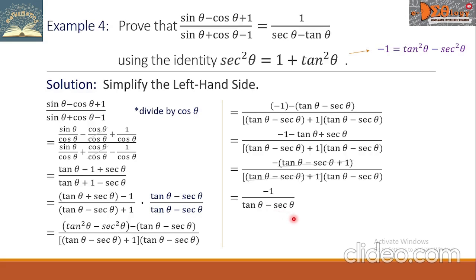Let us now rewrite our denominator as negative 1 times secant theta minus tangent theta. So we can cancel the negative 1 in the numerator and in the denominator. When we simplify, it becomes 1 over secant theta minus tangent theta. From here we stop, because it is already equal to the right-hand side value here. This is now the final answer.